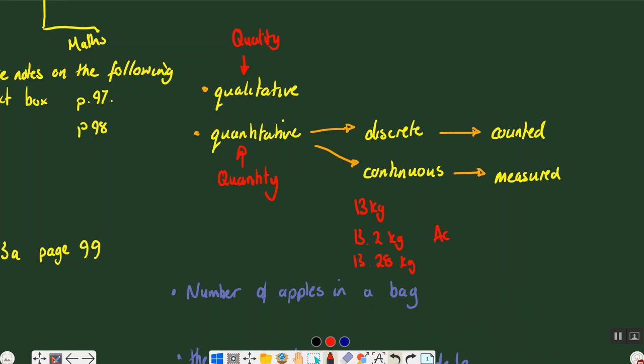So we are talking accuracy here, and then if something is 13 kilograms, something else is 14 kilograms, well, I don't know whether this is actually 13.9682 kilograms. There is no point at which one stops and then there's a gap and then there's the other one.